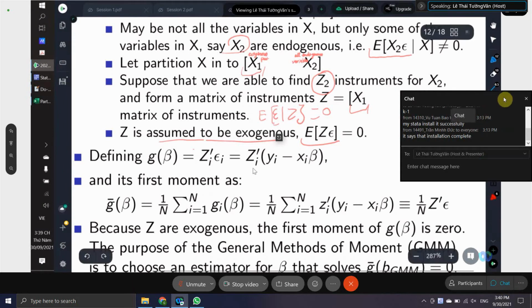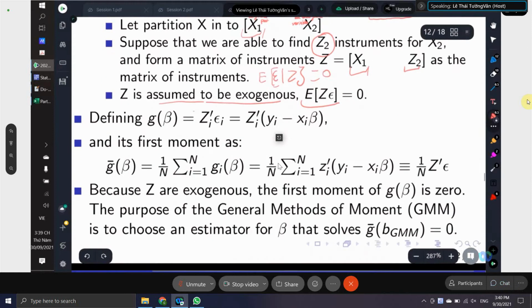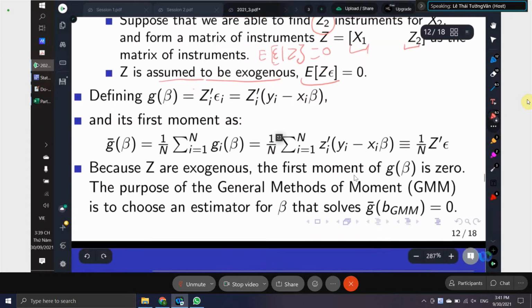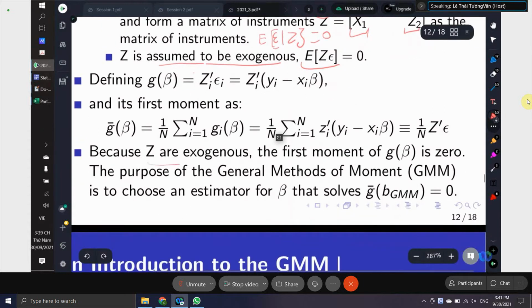And then we take the first moment, that is, take the average of G beta, equal to 1 over n times the summation of Gi beta from i equal 1 to n. Because the Z's are exogenous, the first moment of G beta is 0. This approach to modeling is called the generalized method of moments.